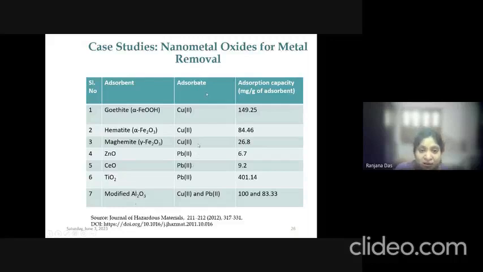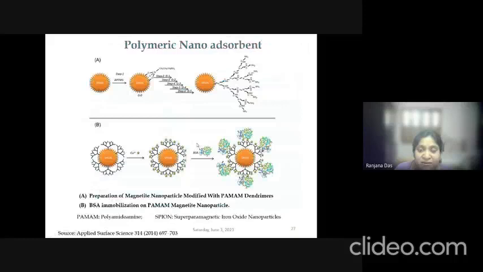And this is also a picture, that is the polymeric nanoadsorbent. It is a polymer modified nanomaterial. In the core, we have some nanomaterial, basically a magnetic nanomaterial, that is a superparamagnetic iron oxide nanoparticle.